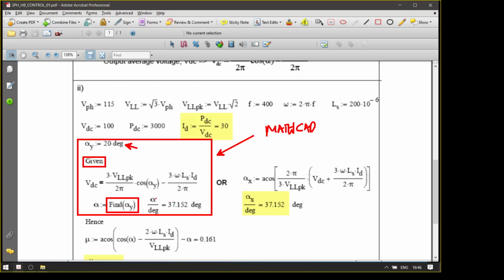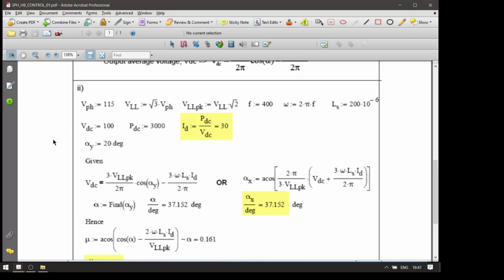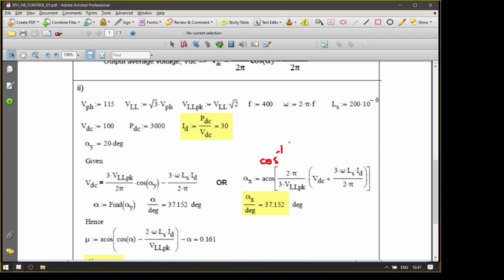I convert that straight away to degree, so it gives me 37 degree. You can convert that into radian, and show it in radian. For you to use the calculator, you need to use inverse cos of the whole equation here, the whole 2 pi over 3 V peak.